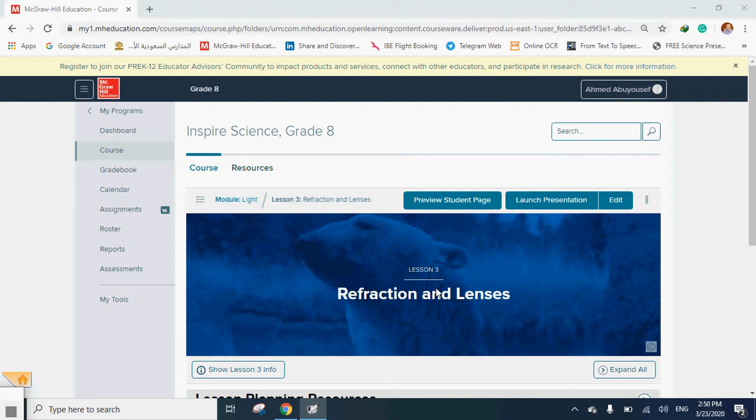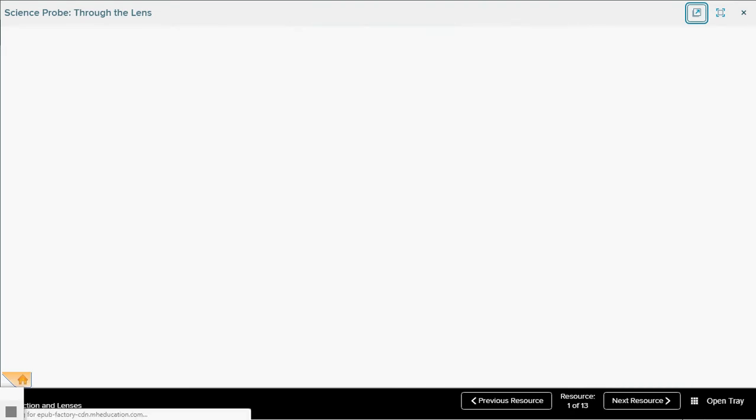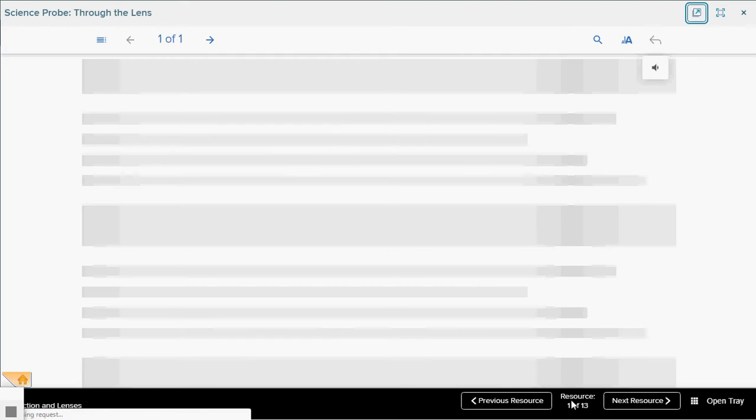And now we are going to study, inshallah, light refraction. Okay, so first, before studying light refraction, we are going to know some information and some questions about refraction and lenses.